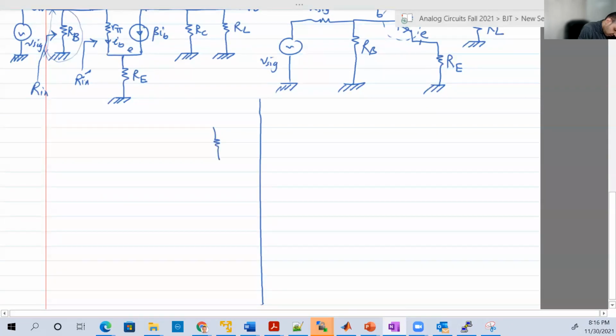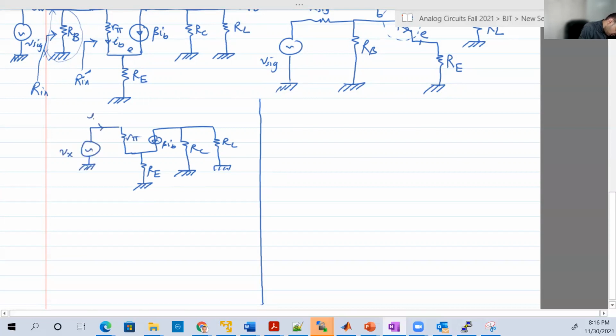So we're gonna have this resistor, RL, RC, beta IB, RE, RB, and we're gonna put here VX and IX as usual, and R input dash is Vx over Ix. And here is IB. Ix is easy, equal to IB.